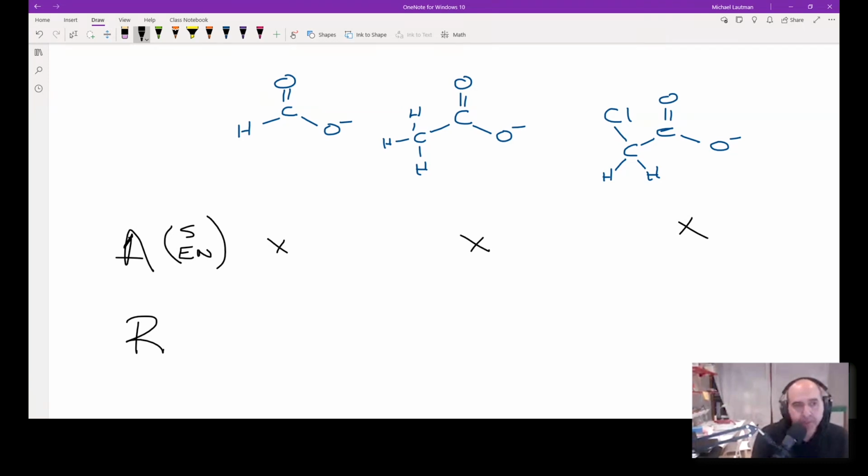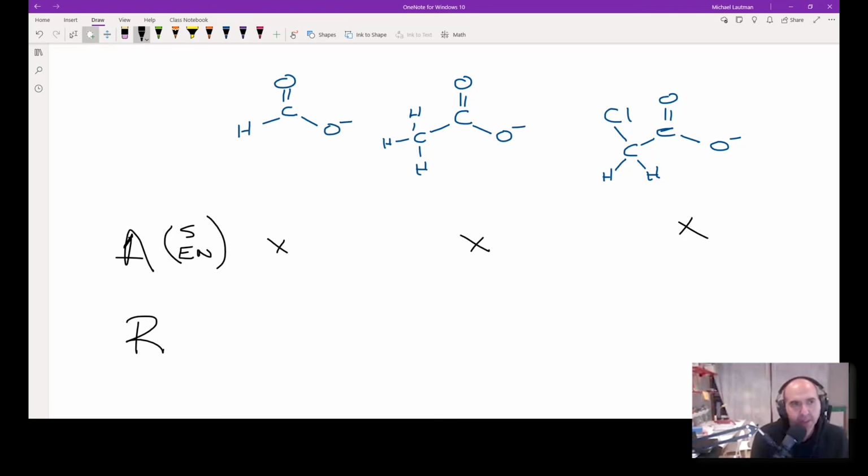So if you want to figure out where the resonance is, the first thing always is to look for what we call conjugation, which means I've got, say, a lone pair or a negative charge, and then a single bond, and then typically a multiple bond. And all of them have this bit here.